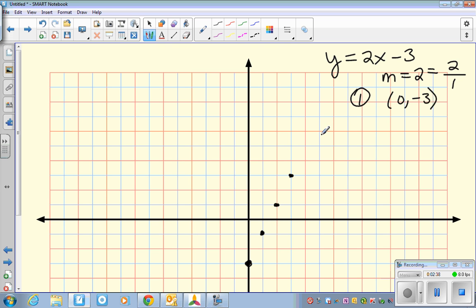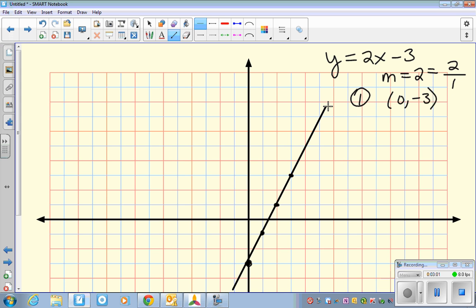So now that we have a couple points, if you notice I started at the y-intercept, I went up 2, right 1, and I kind of kept doing that pattern just to get a few points. And then you could take a ruler and connect your points. This is not going to be perfect, but there you go. So there you have it, graphing using slope and y-intercept.